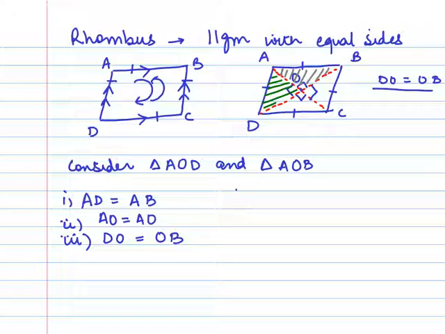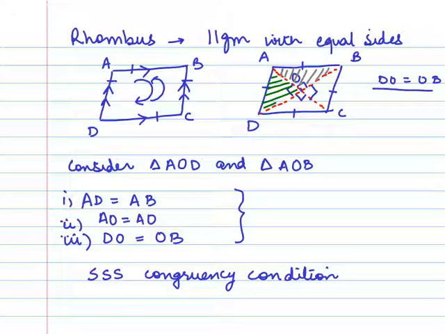Because all the three sides of these two triangles are equal, by SSS congruency condition, SSS means side, side, side. If all the three sides of two triangles are equal, that means they are congruent.